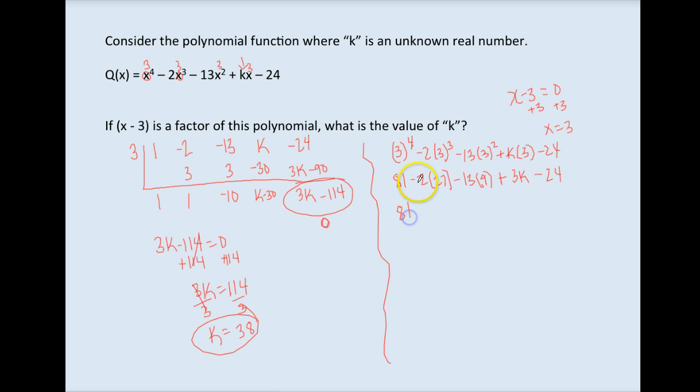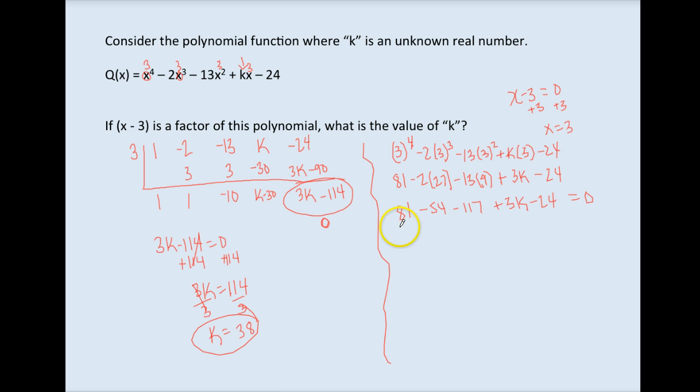Simplify a bit more, so negative 2 times 27 is negative 54, and negative 13 times 9 is negative 117, plus 3k minus 24. Again, we know that this should equal 0. That's what it means to be a factor. When you substitute the value in, you get 0.